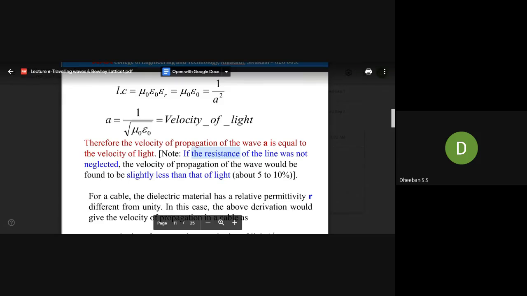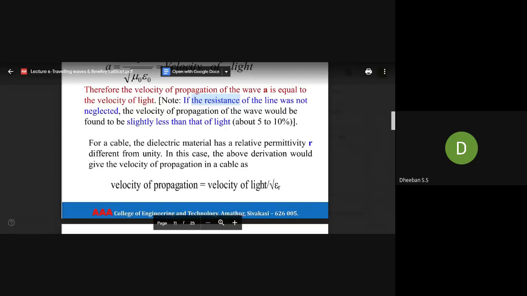Nobody knows the velocity of light. Okay, fine. The velocity of light corresponds to 3 into 10 power 8 meter per second.